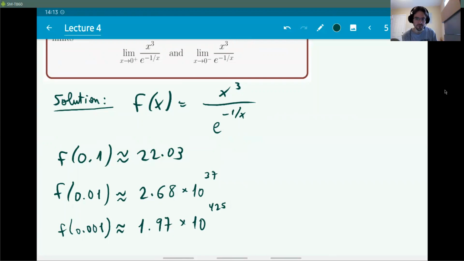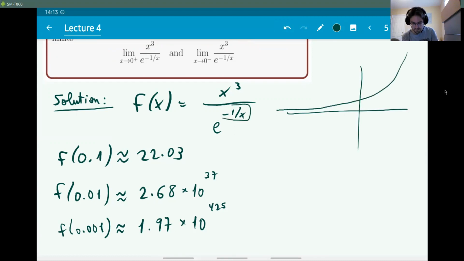Why is this happening? If you think about this, think about the function. As x is very small, the numerator is trying to become small also, x cubed. The cube of a small number is small. But the denominator is also trying to get small. That's kind of harder to see, but it's true if you think of it this way. Because x is small, 1 over x is large. So you're taking e to a negative large number. Think of the graph of e to the x function, which looks like this.